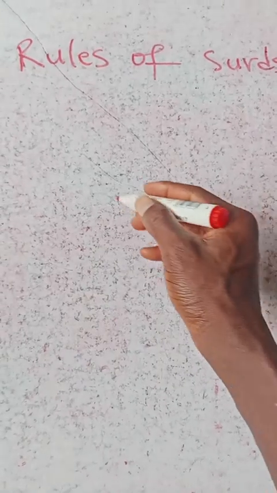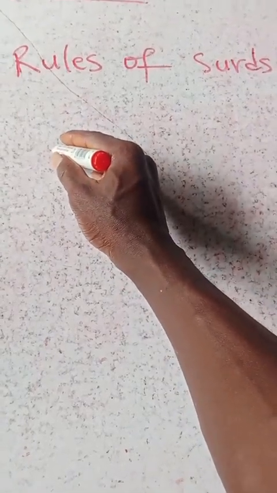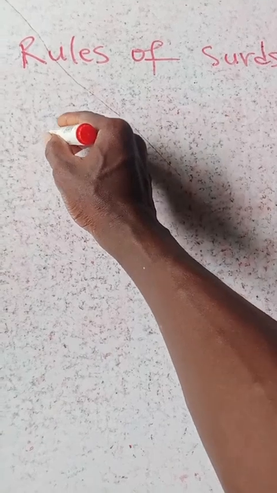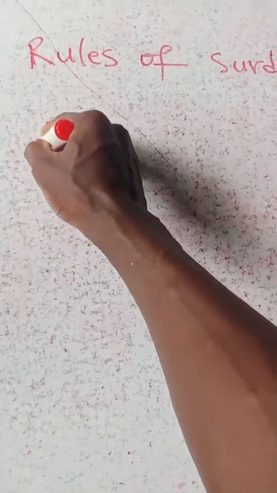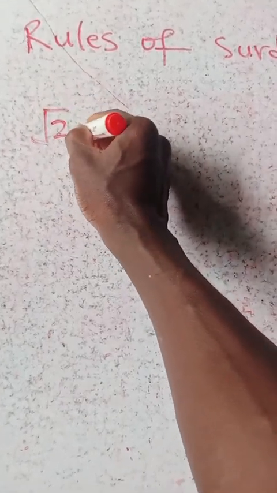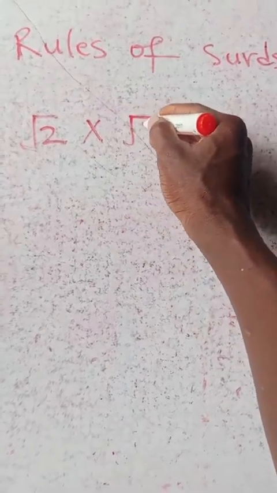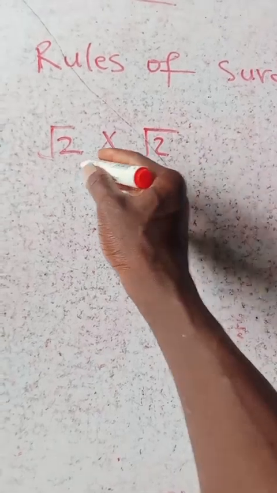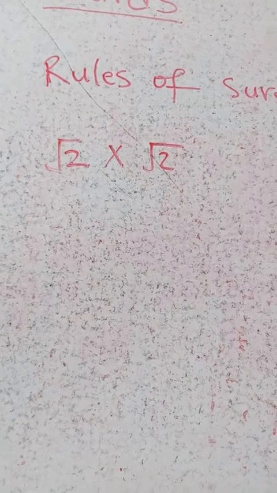Okay. For multiplication, we said when the roots are the same, it's not true. So for multiplication, if I have root 2 times root 2, this time around the roots are the same and we are multiplying. The other one we did, the roots are not the same and we multiplied.